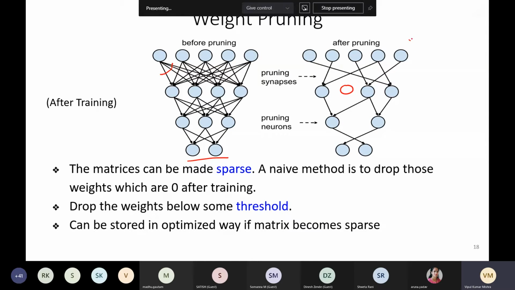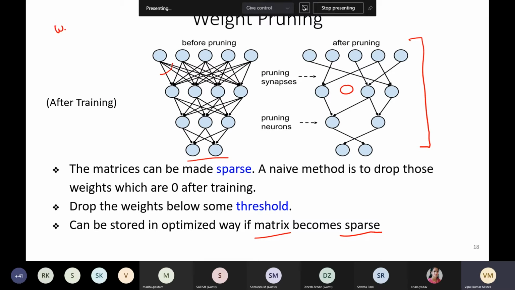The bigger challenge with this method is that it makes the matrix very sparse. Once we have a sparse matrix, we require dedicated hardware that can deal with it. Otherwise we do not get any benefit from this sparseness. Now the question is how to select which weights to prune.